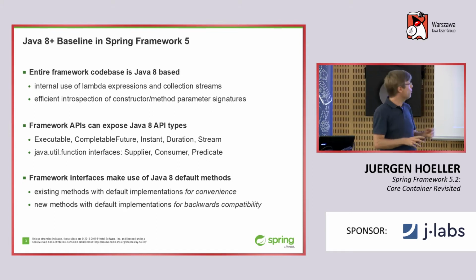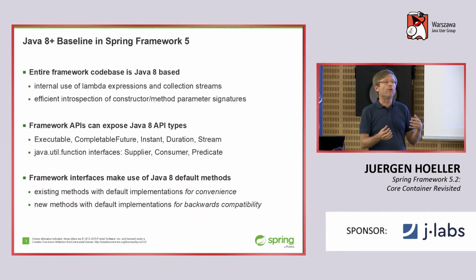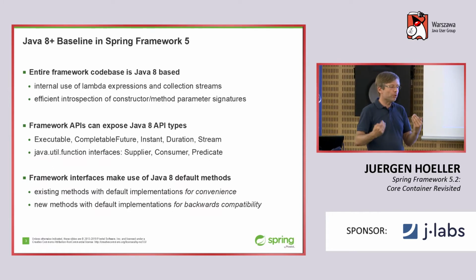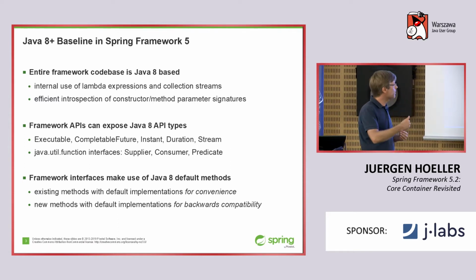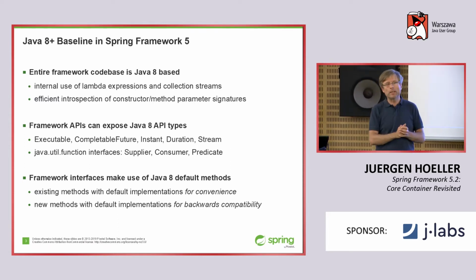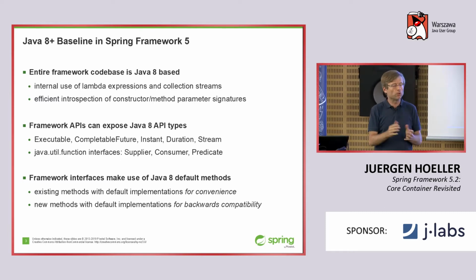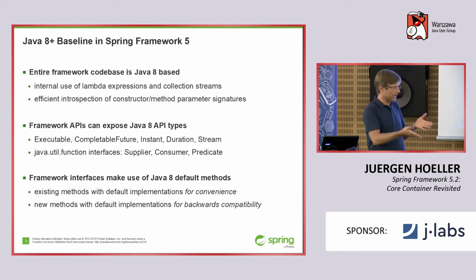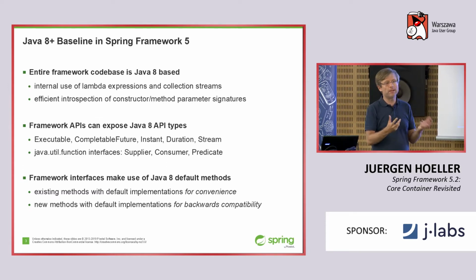And for evolving the framework, that's actually the main feature of Java 8 default methods. When we introduce new methods to existing interfaces, we can now declare them as default methods, which means that existing implementers are not broken. They don't need to implement that new method. It comes with the default implementation in the interface. This is in particular important for binary compatibility with third-party extensions.